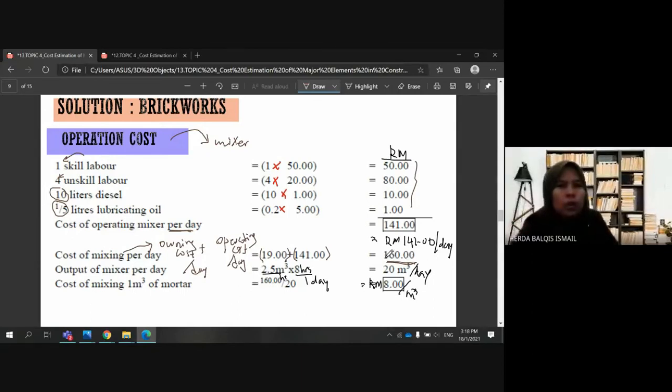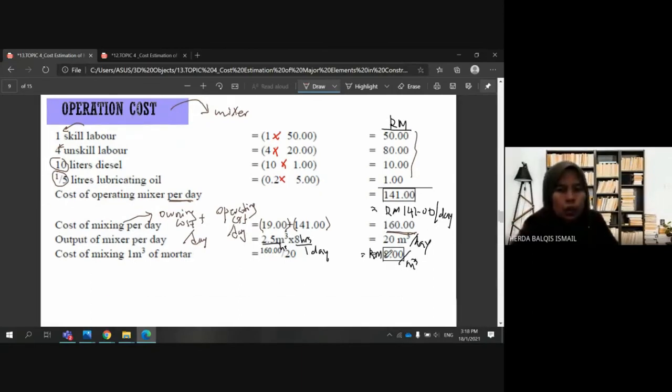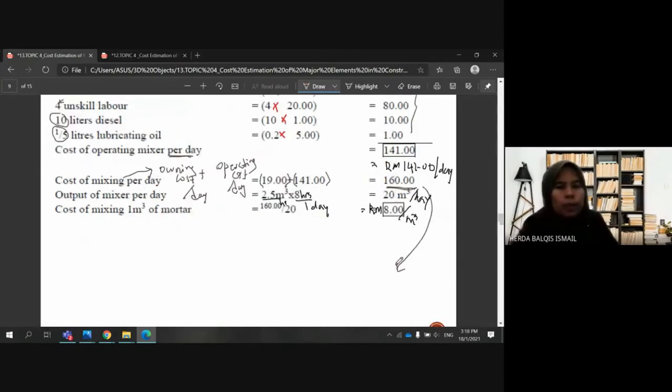So from here we want to know the price of mixing for 1 cubic meter. What is the cost of mixing per cubic meter? Here the output will play its role.